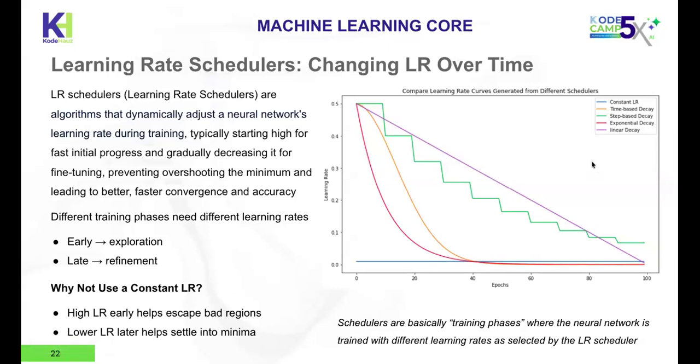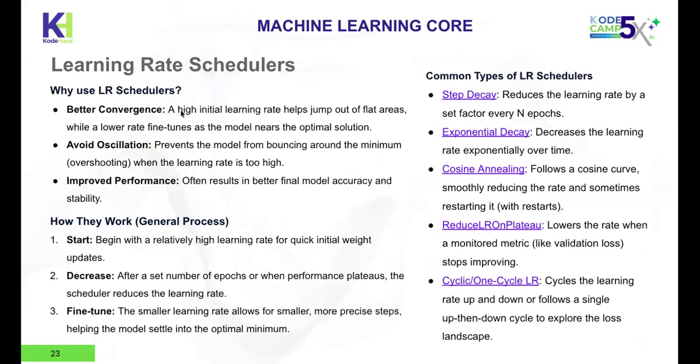So that's the thing. So a scheduler would basically do this. And there are different kinds of schedulers, right? You have a time-based decay, a step-based decay, an exponential decay, and a linear decay. So learning rate schedulers will give you better convergence, avoid oscillation, and prevent the model from bouncing around.